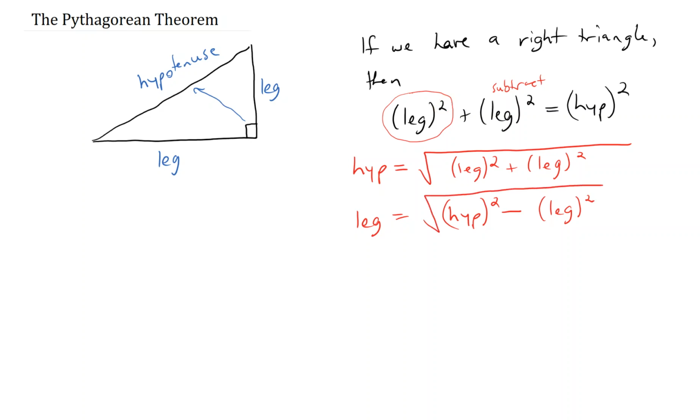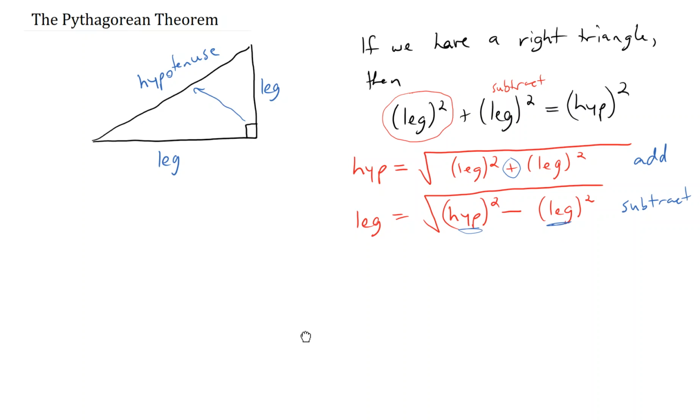So the idea is if you want to ever get the hypotenuse, you add. The hypotenuse is the biggest side, so you add the two other sides. If you ever want to find one of the shorter sides, you have to subtract. Okay, so you take the biggest side, the hypotenuse, minus the other side. And those are squares because of the Pythagorean theorem relationship. And then the square root is what a lot of people forget.